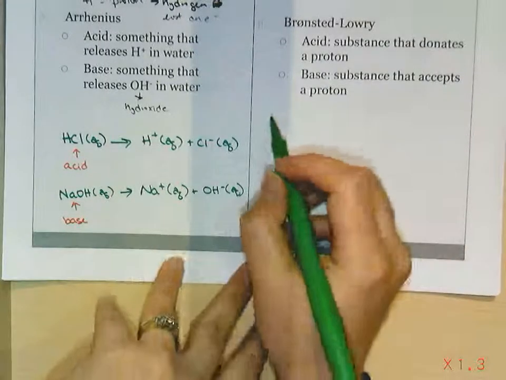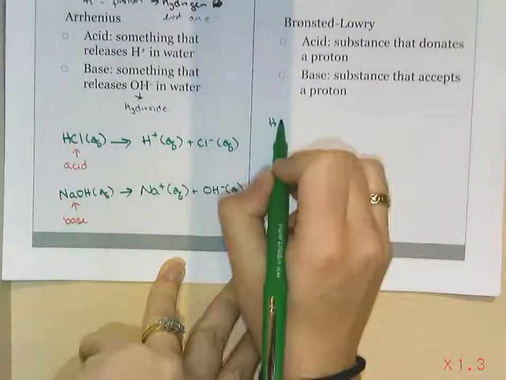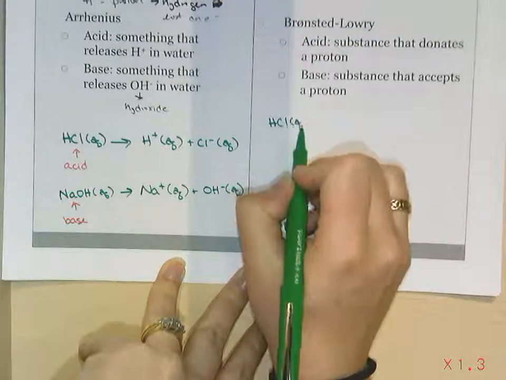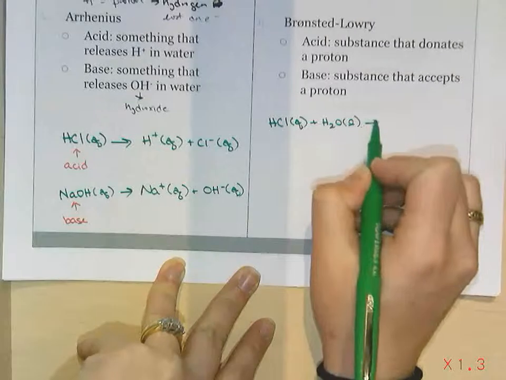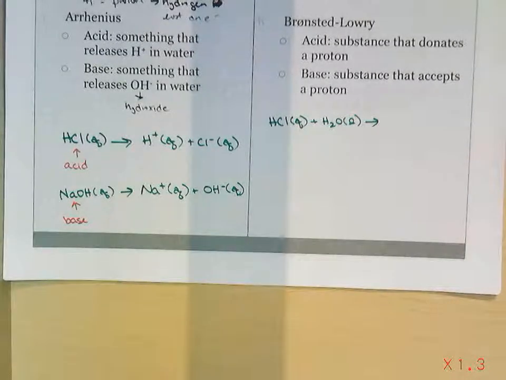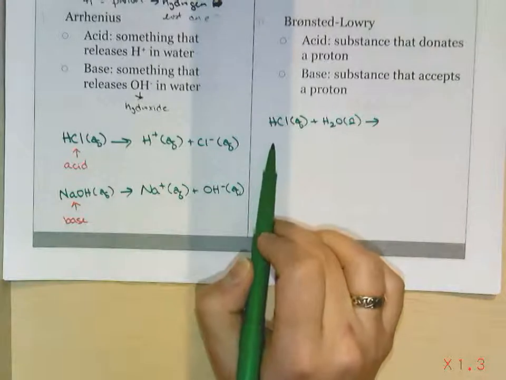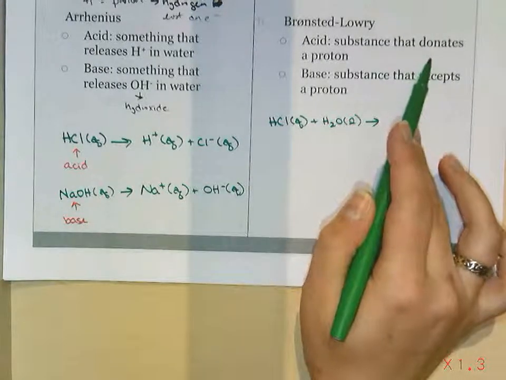So if we look at a balanced chemical equation, I'm going to take the same hydrochloric acid, but now I'm going to explicitly write the fact that it's interacting with water. Hydrochloric acid, based on our definition, will donate a proton.